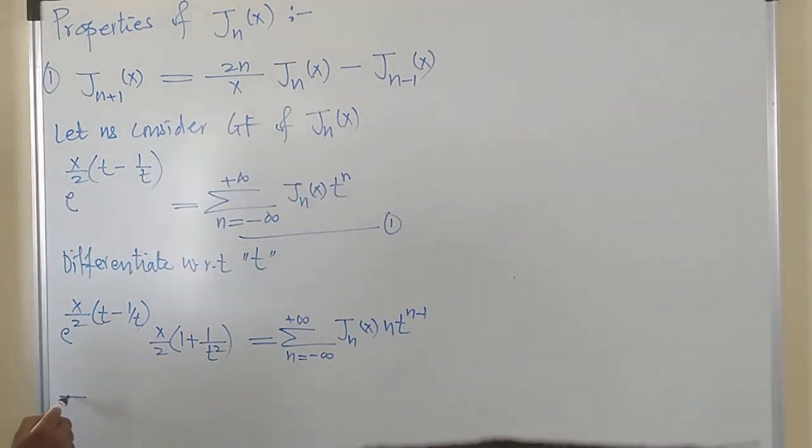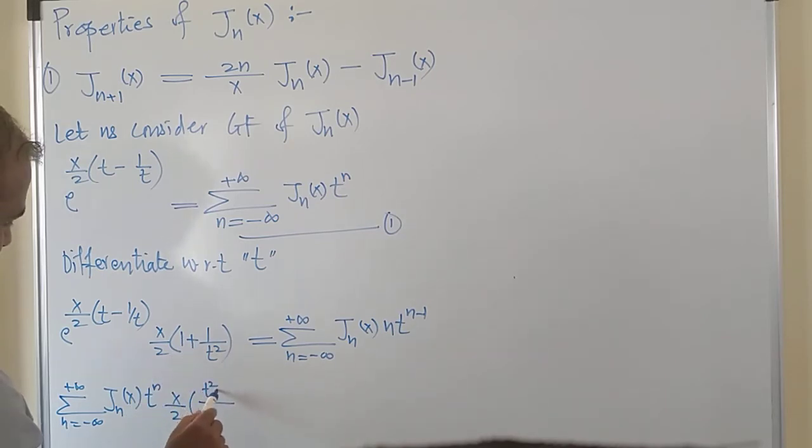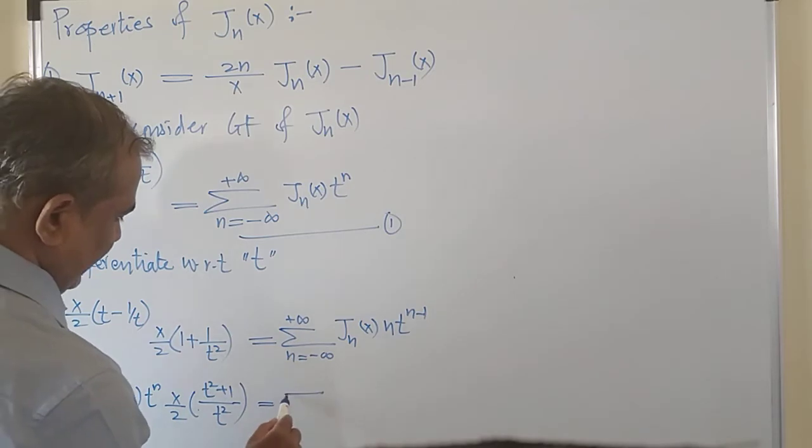So I will rewrite this: summation n runs from minus infinity to plus infinity Jn of x t raised to n into x by 2 into 1 plus 1 by t square, which I can write as t square plus 1 by t square, and this is equal to the right hand side as it is.